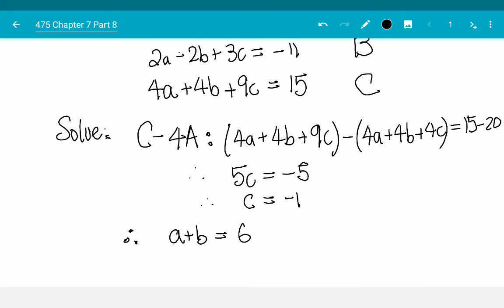Therefore I get a plus b is equal to 6, and 2a minus 2b is equal to negative 11 plus 3, which is negative 8.